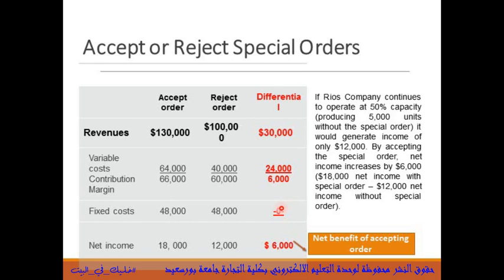It is irrelevant cost in this case. Net income accordingly will increase from $12,000 to $18,000. Net income will increase by $6,000 if the special order is accepted. So the net benefit of accepting the order is $6,000. That's why the special order should be accepted.